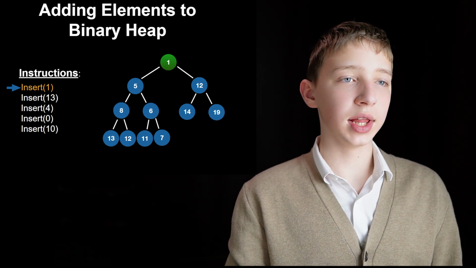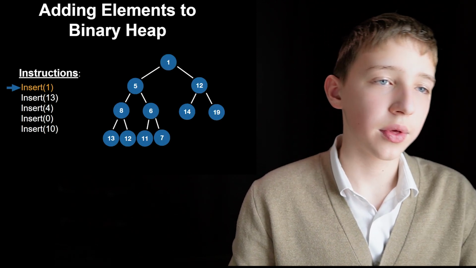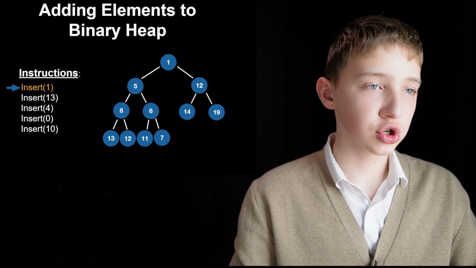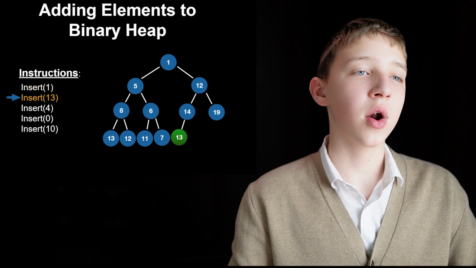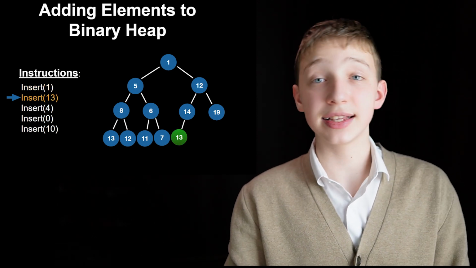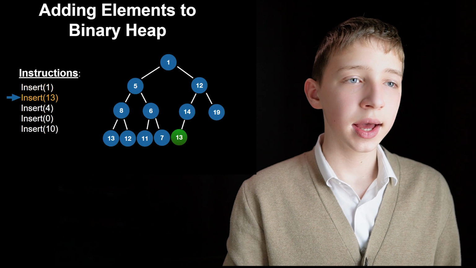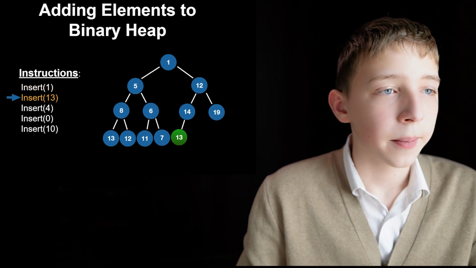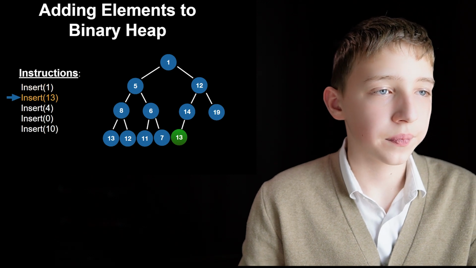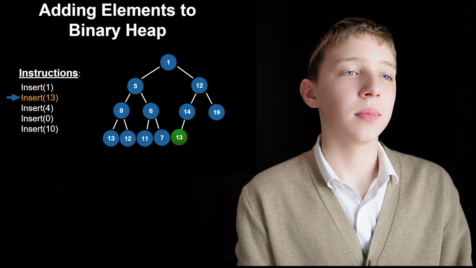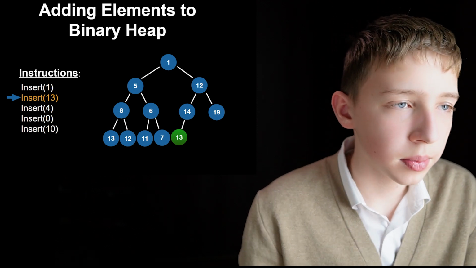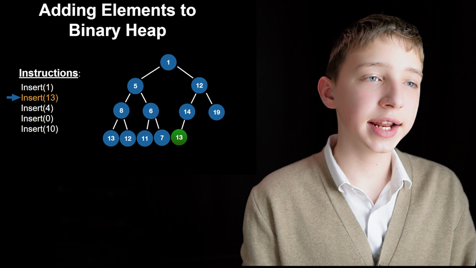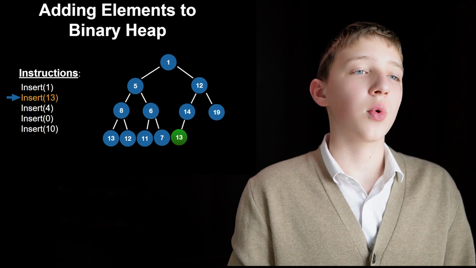And now let's look at how to insert 13. Let's begin by putting it at the insertion position, and then we're in violation of the heap property, since 13 is less than 14. So we swap them.